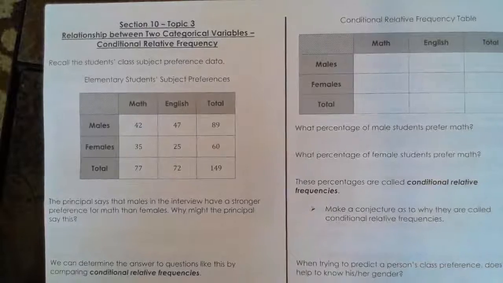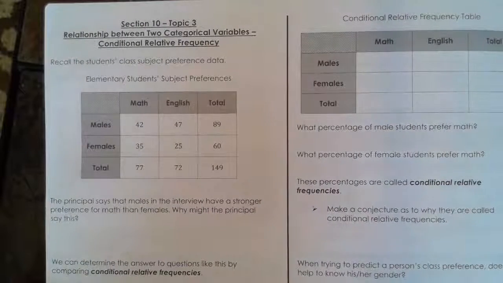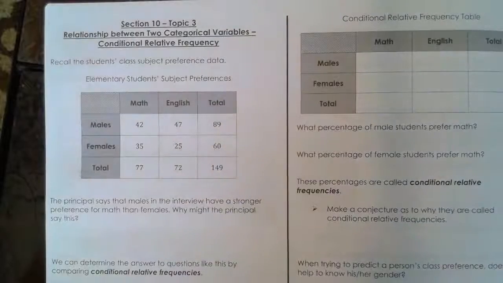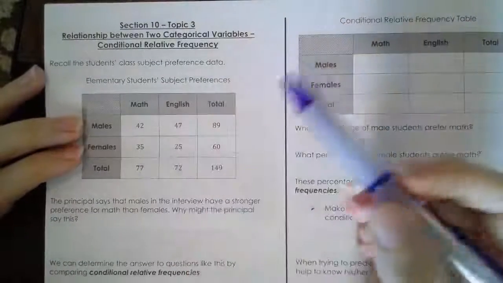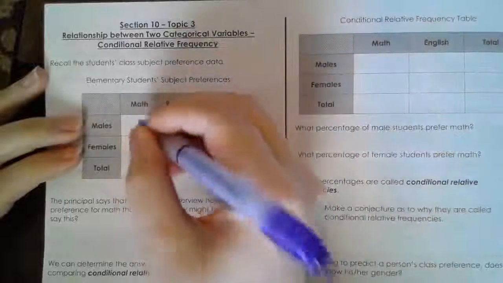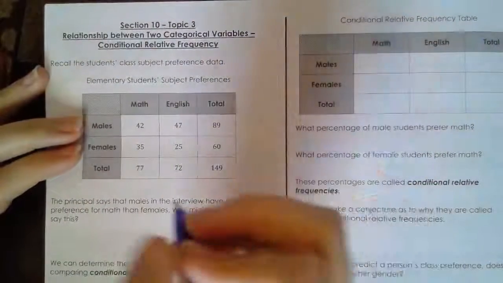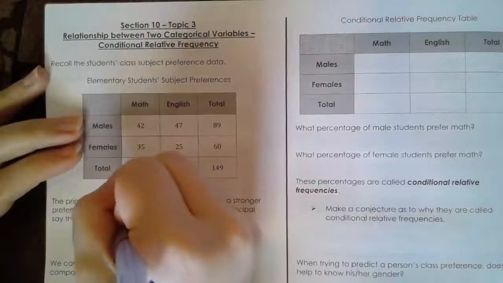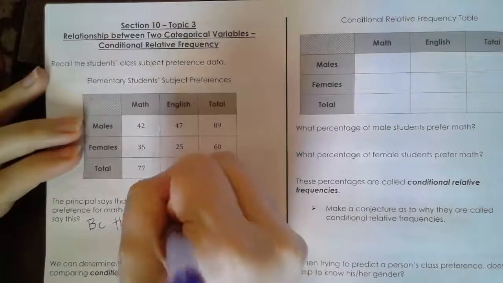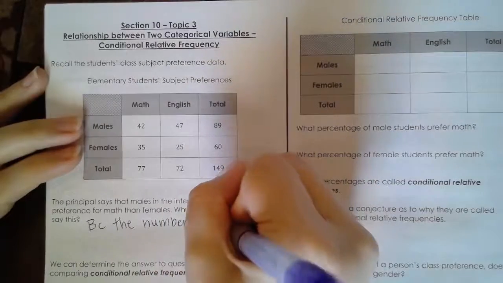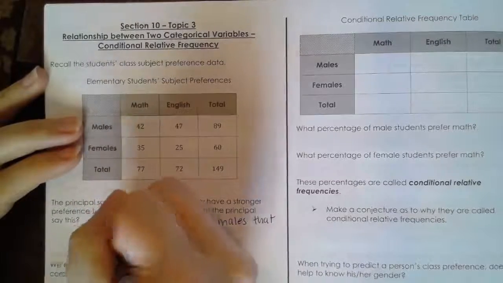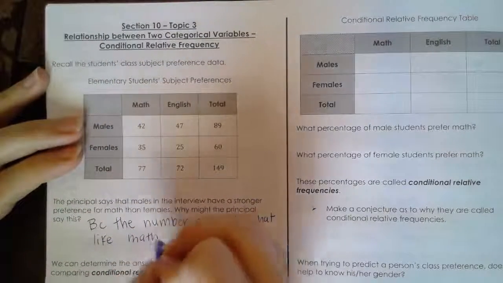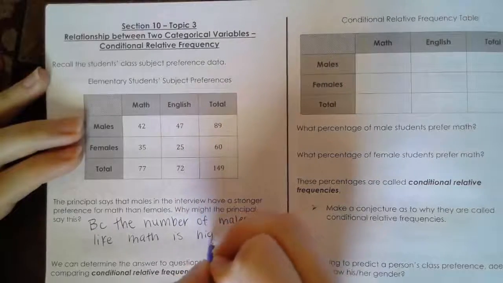So the principal says that males in the interview have a stronger preference for math than females. So we're going to see why he says that. He might say that because the number of males that like math is higher than the number of females.